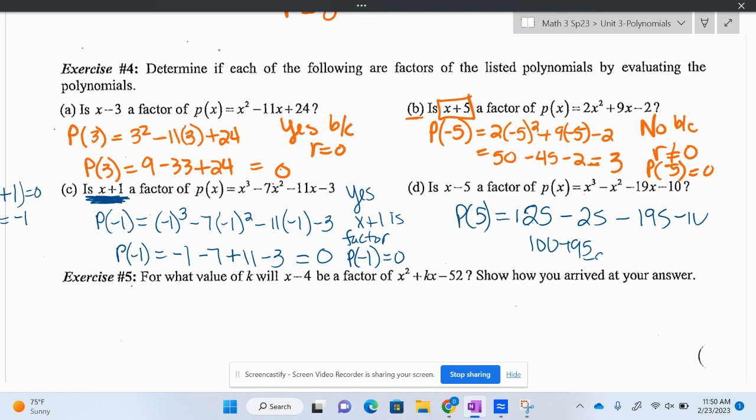Minus 19 times 5 is 195. So 100 minus 195 is negative 95, right? Minus 10. Is someone doing that for me? I think I get negative 105. Yeah. So is this a factor? No. Do we end up that P of 5 equals 0? No.